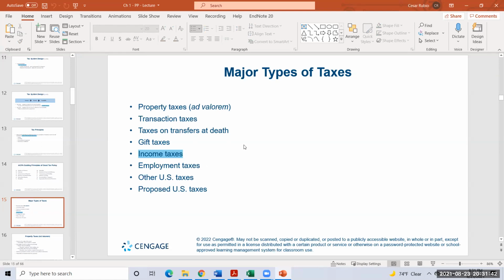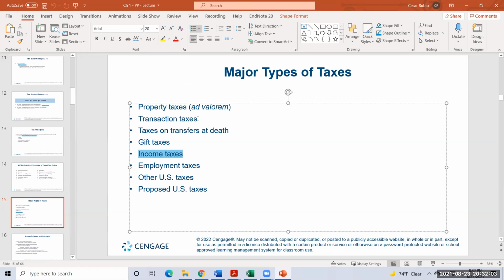Do all of these affect you? Maybe, maybe not. If you don't own any properties like real estate or even a car, you won't pay property taxes. But you do pay property taxes for your house.